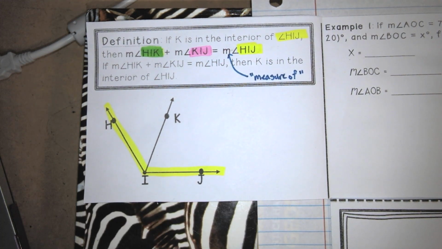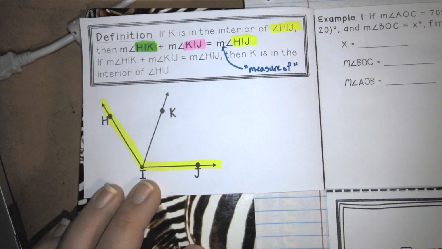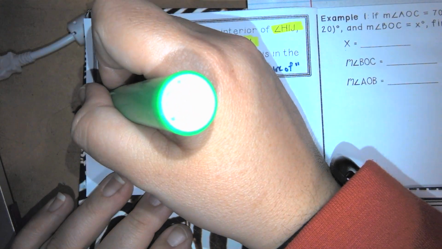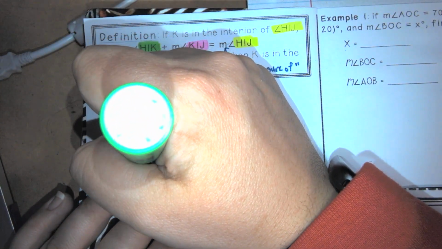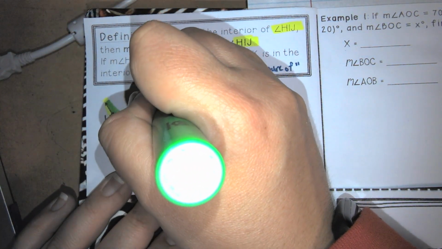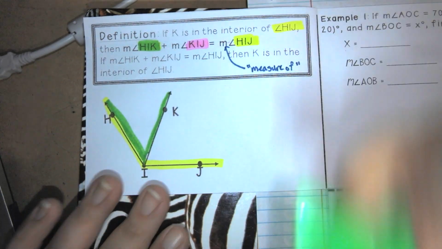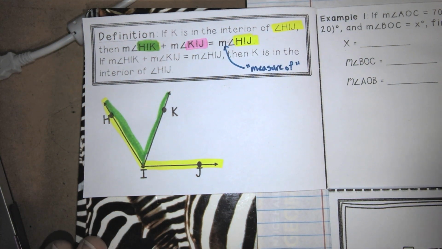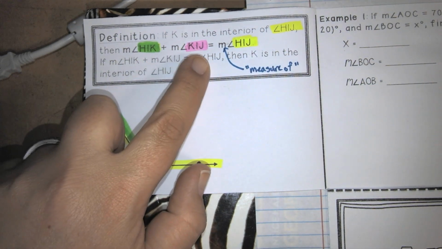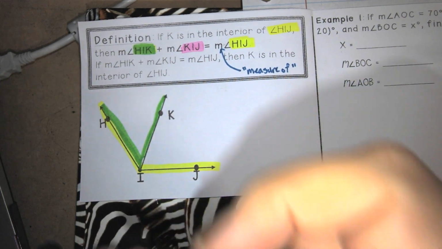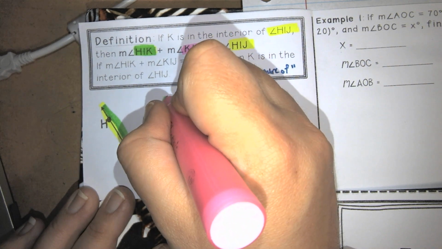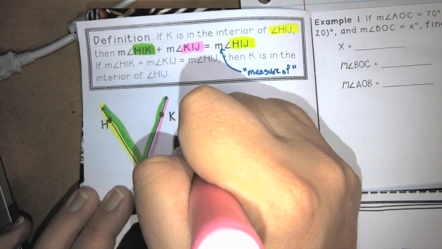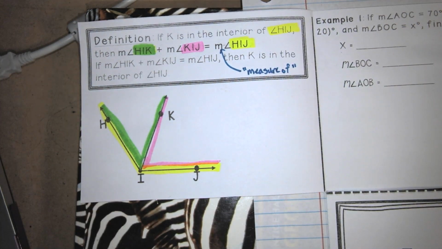The measure of HIK, so let's look at which one is HIK. HIK is this angle here. We look at the measure of that angle, which appears to be acute, and we add it to the measure of KIJ, which is this angle, which in this case also appears to be acute.